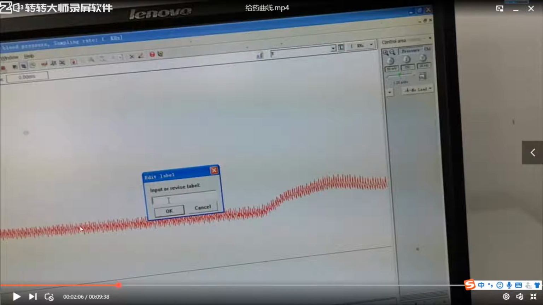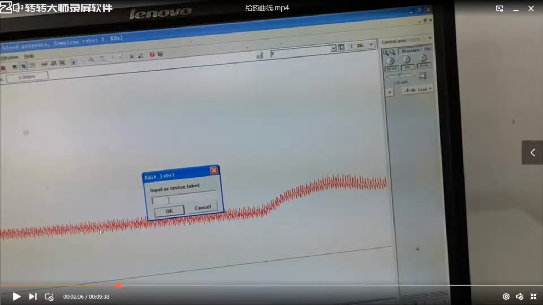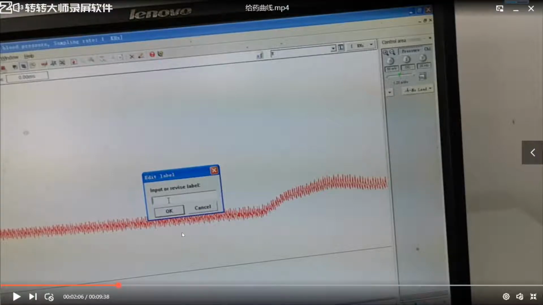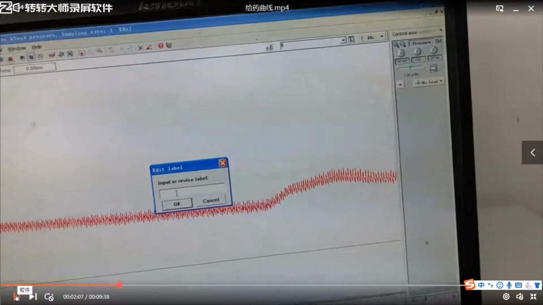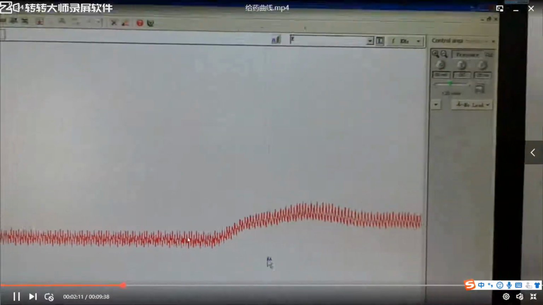And this is the normal curve. Administration must be after the blood pressure curve induced by the previous administration doesn't change anymore, and then we inject the second drug. Now we inject the second drug, noradrenaline, norepinephrine.